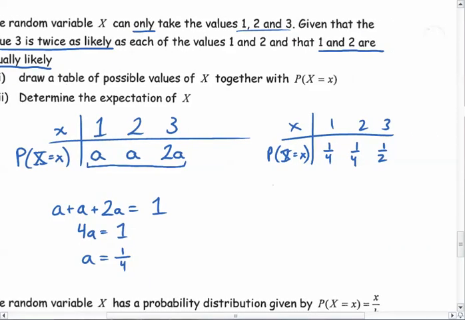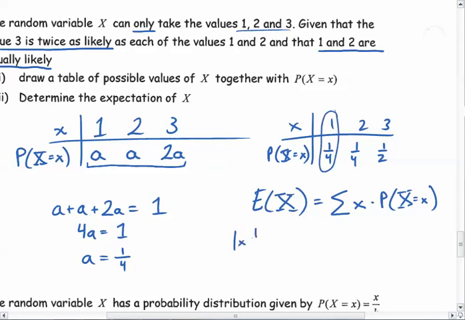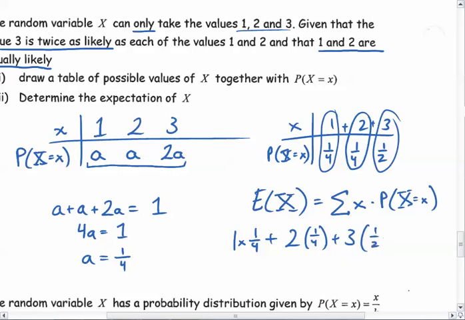Now to find the expectation, I just have to add up all the x's times the p of x's. So I'm just going to take the first x times the first p of x, and then this summation notation means that I'm just going to add that to the next x times p of x, and add that to the next x times p of x.